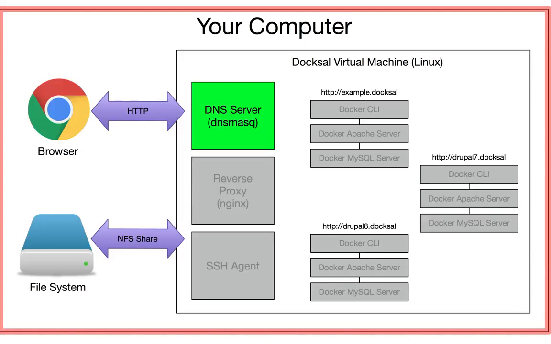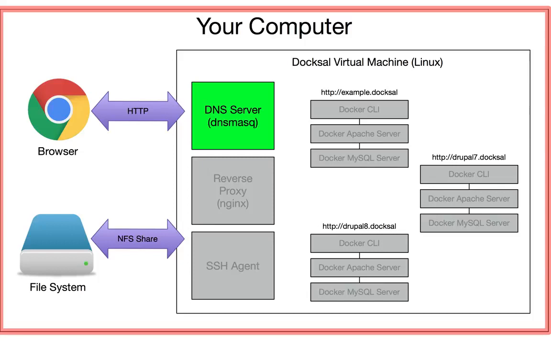First, the DNS server. You may notice when you install Docksal that without needing to modify your local host file, Docksal is capable of receiving requests for all subdomains of the .docksal parent domain.